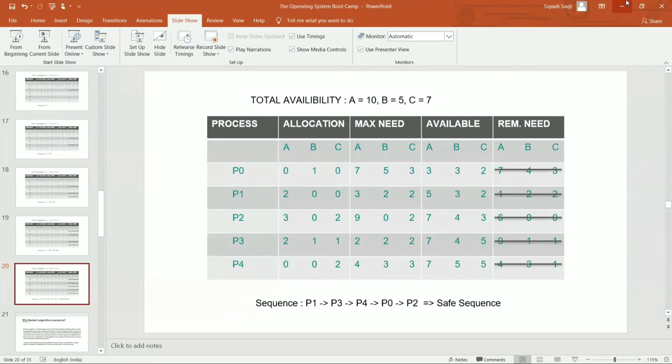First of all, we will calculate the need array, a 2D array. In the need array, we subtract the current allocation from the maximum need. That's how we store our need array.